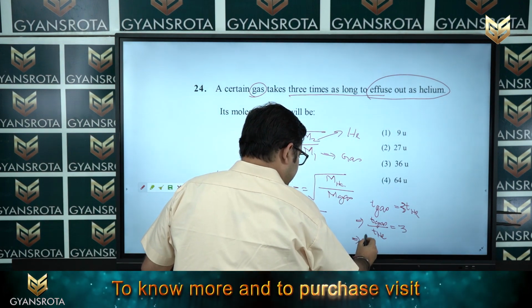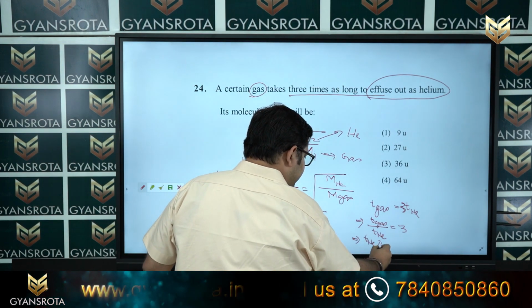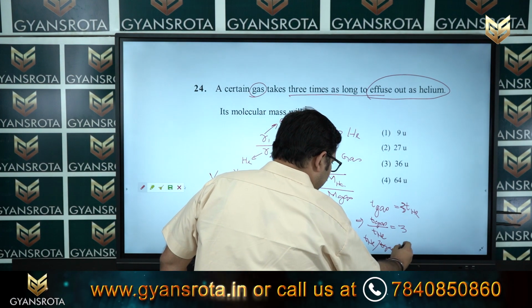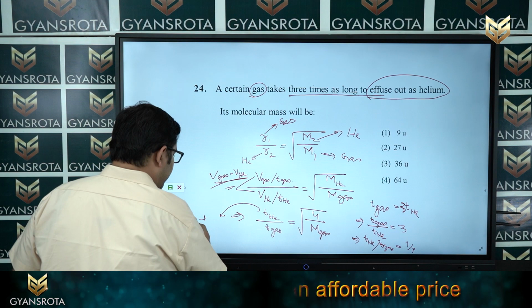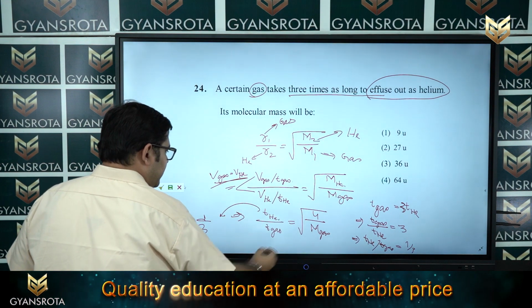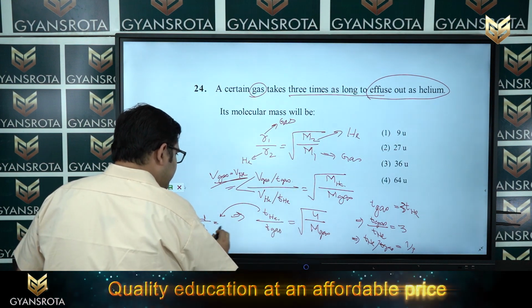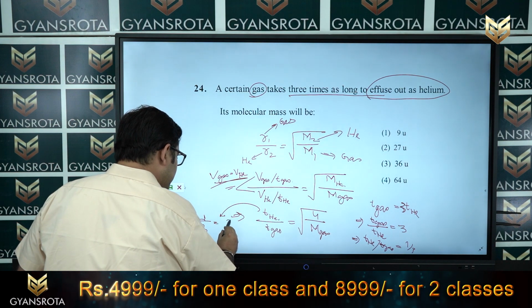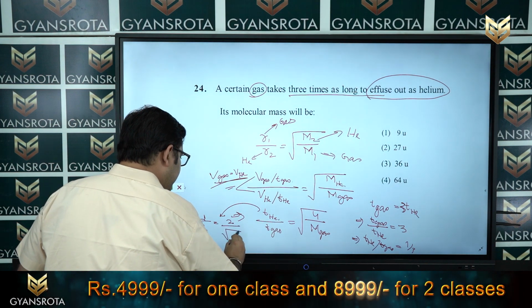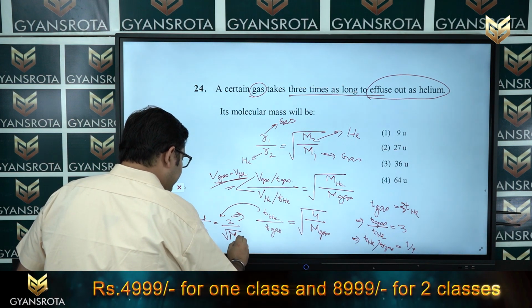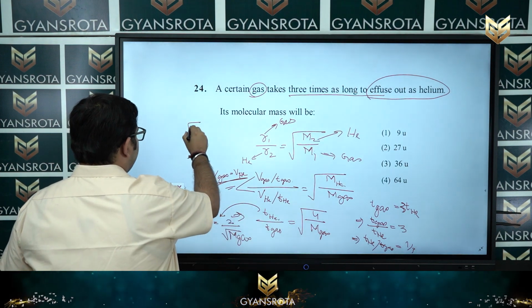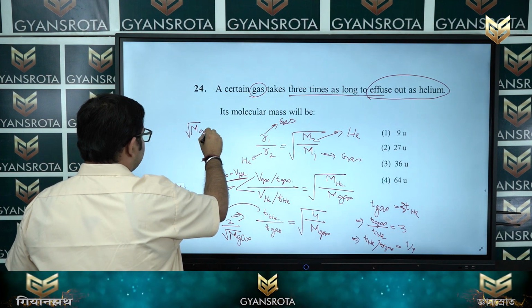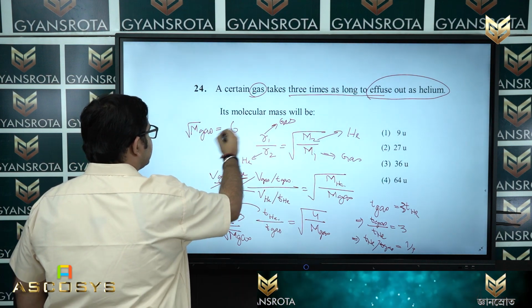Now, if I take T helium by T gas, it will be 1 by 3. For root 4 it will come as 2, and root over M gas. Now, root over M gas is equal to 6.